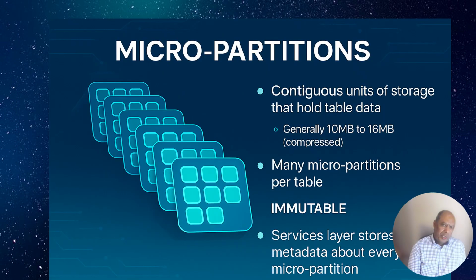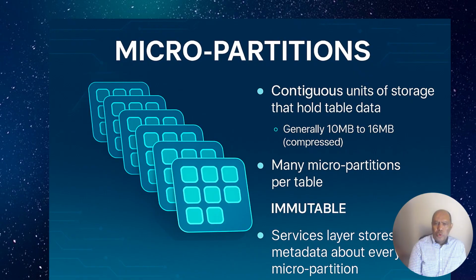One of the most important innovations in Snowflake architecture is the use of micro-partitions. These are small contiguous units of storage that hold your table data, typically between 10 and 16 megabytes in compressed size. What micro-partitions are.